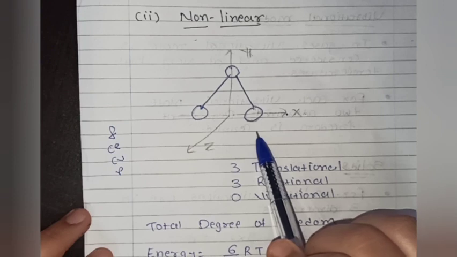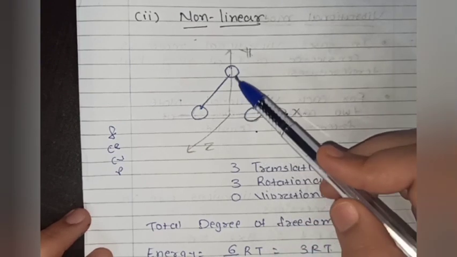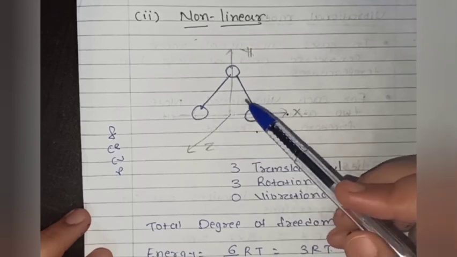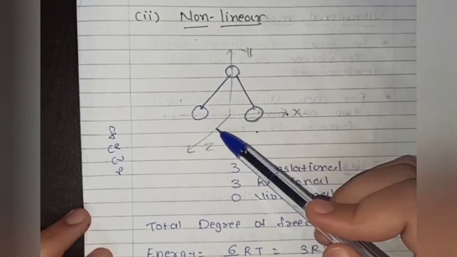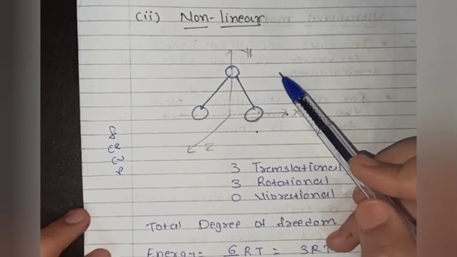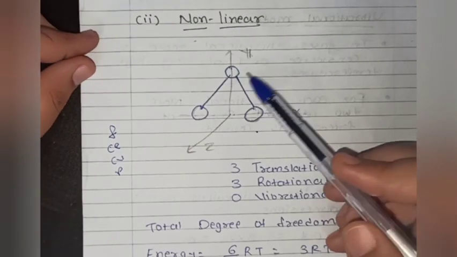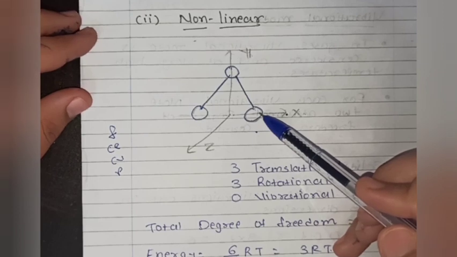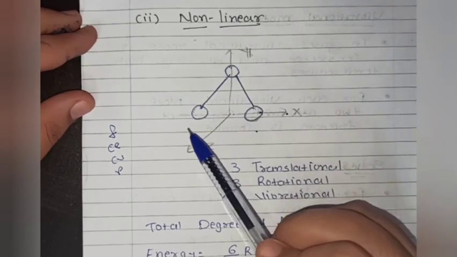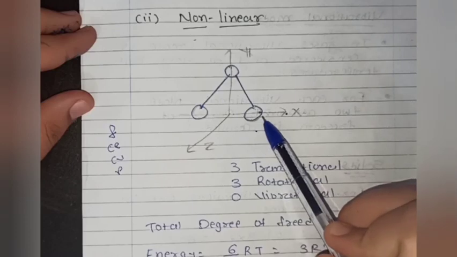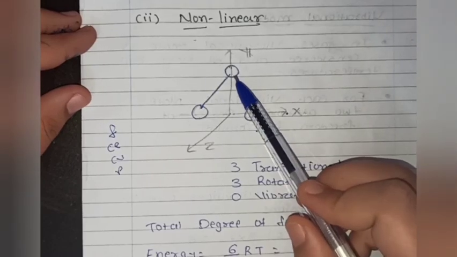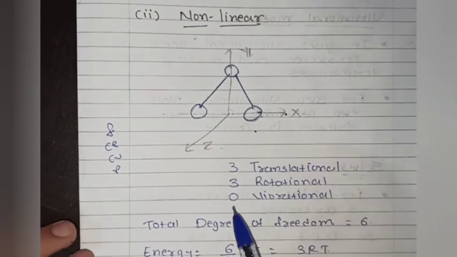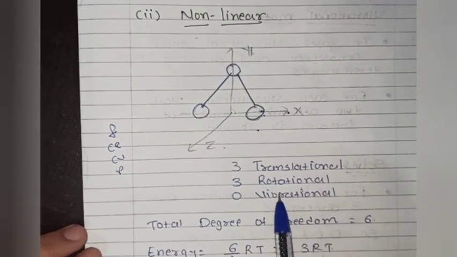So we have to consider the rotation about y-axis. Same way about z-axis. When the rotation is occurring about z-axis, then the rotational energy of all these 3 atoms has to be considered. So here we are considering rotation along x-axis, y-axis and z-axis as well. So there will be 3 rotational motions.